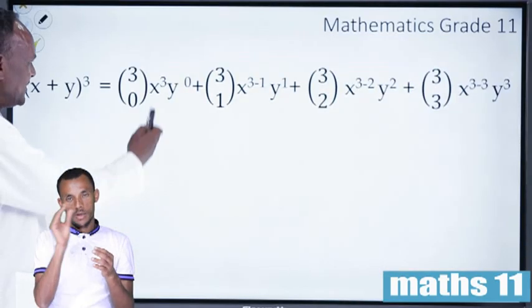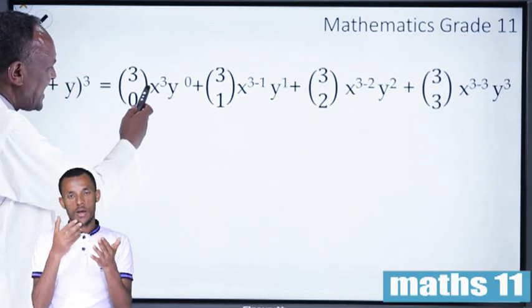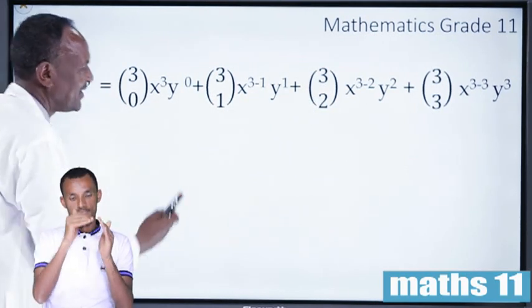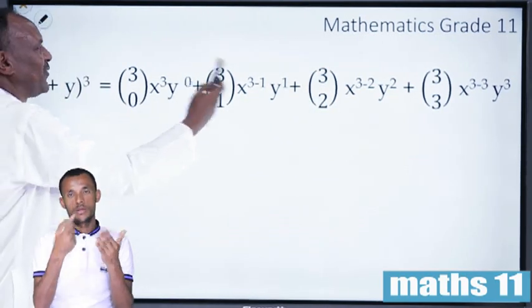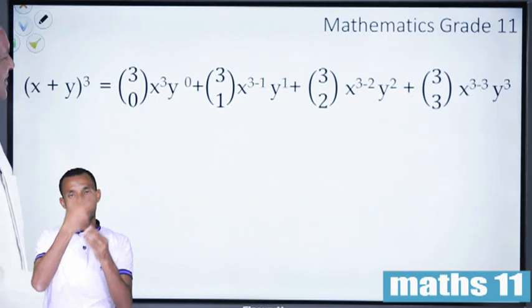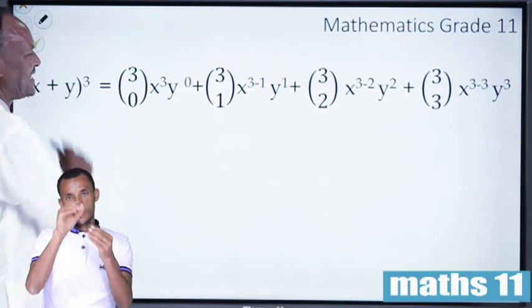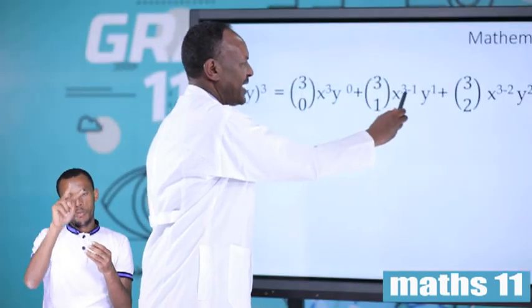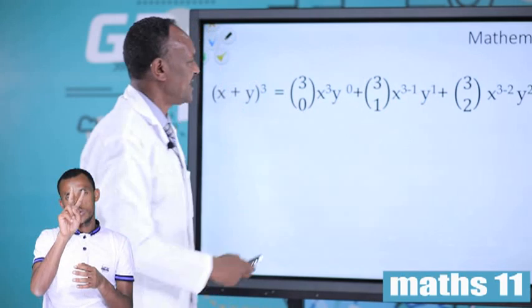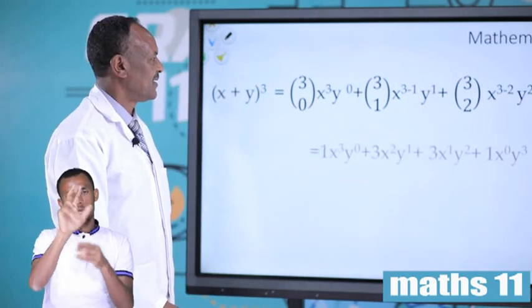And we are looking again, the exponent of x decreases, whereas the exponent of y increases. And the sum of the two exponents, 3 plus 0, gives the exponent of the power. 3 minus 1 was 2, 2 plus 1 again gives 3.